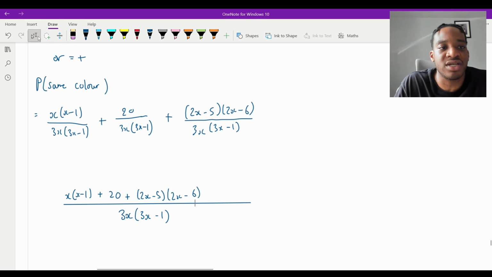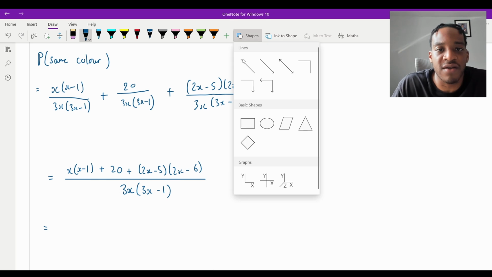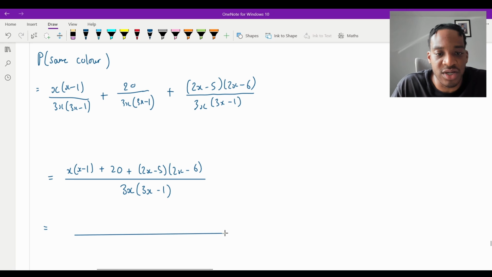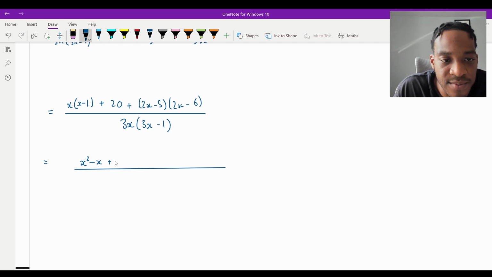And I just need to expand and simplify all of these. Okay, so doing this now, this isn't too bad. It's going to be equals here, and another equals here. Another line. And then I'm just going to expand everything. So it's going to be x squared, take away x, plus 20, plus, and then 2x times 2x, that's going to be 4x squared. 2x times minus 6 is a minus 12x.